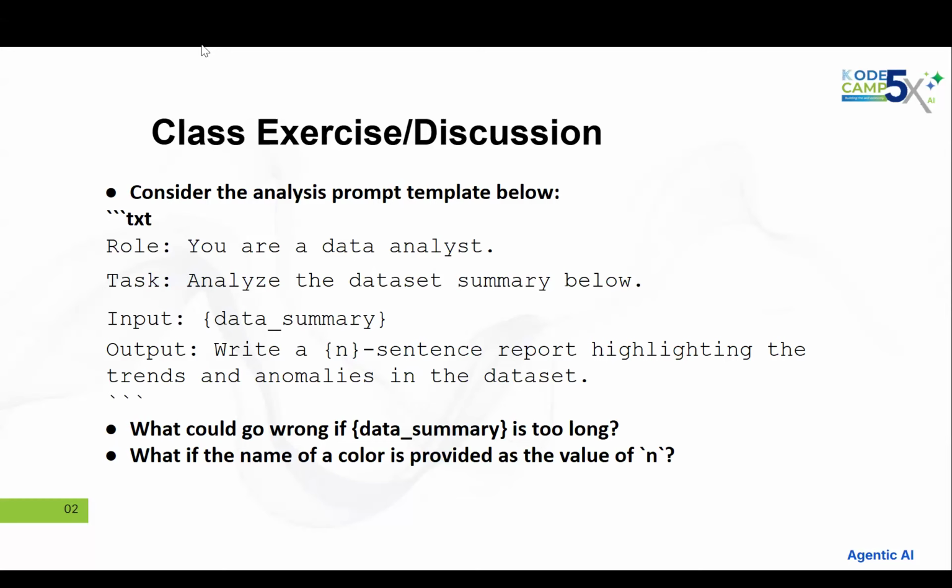You give it a concrete prompt generated from that template, by supplying actual values for the placeholders. In the case of this template, you need to supply an actual value for data summary and an actual value for n. It is a concrete prompt generated based on that template that you input to the LLM.